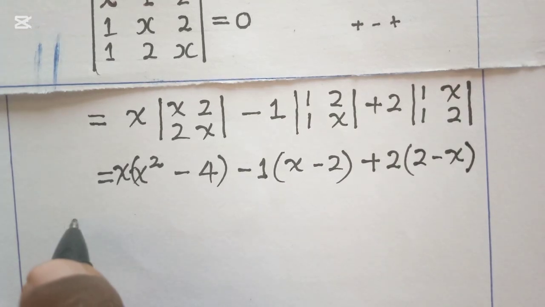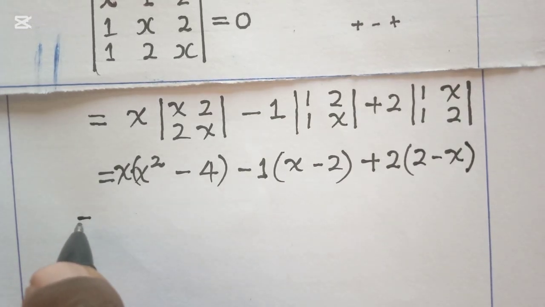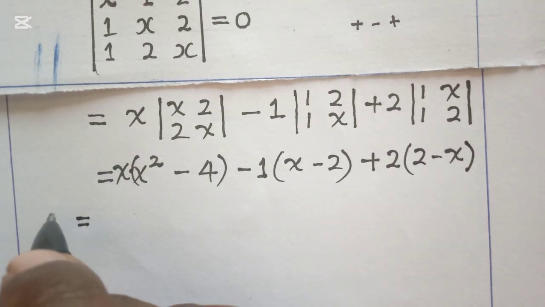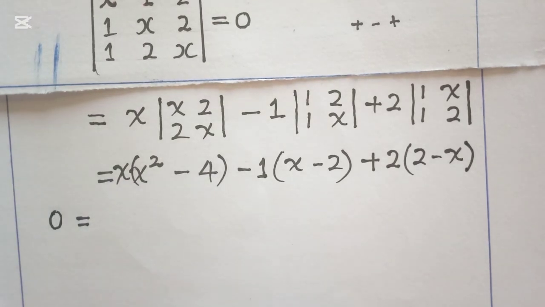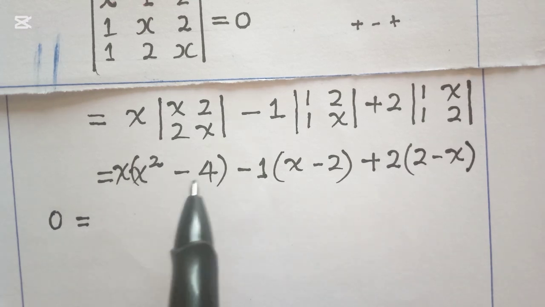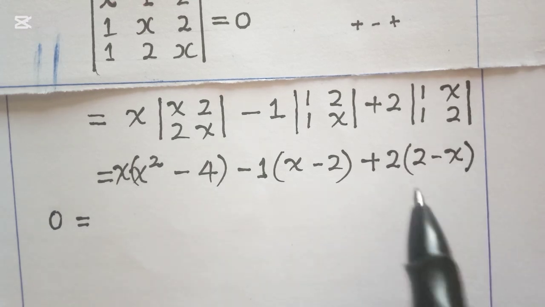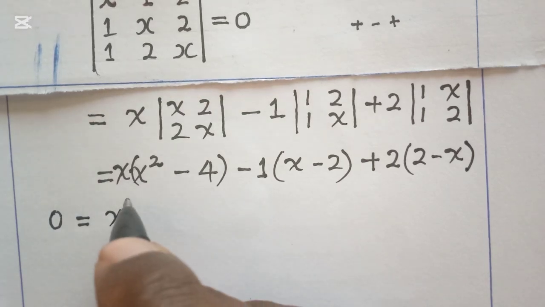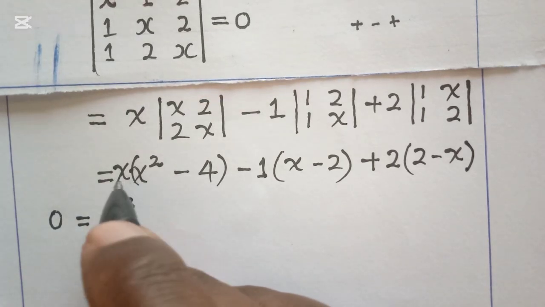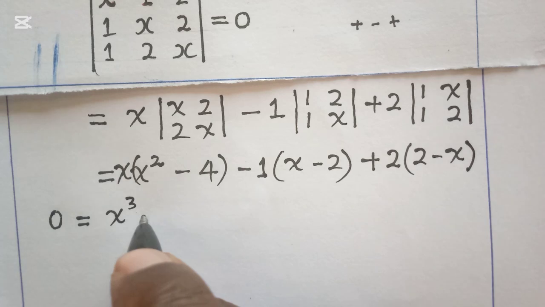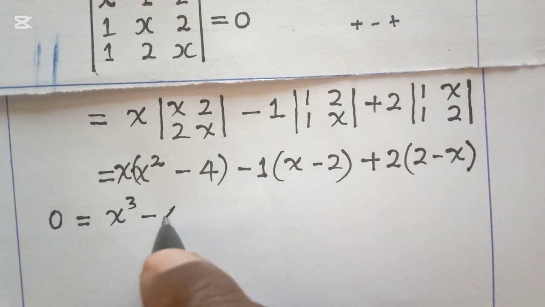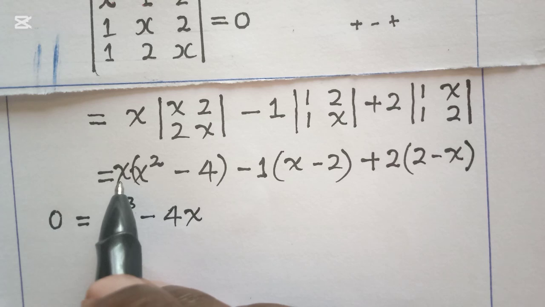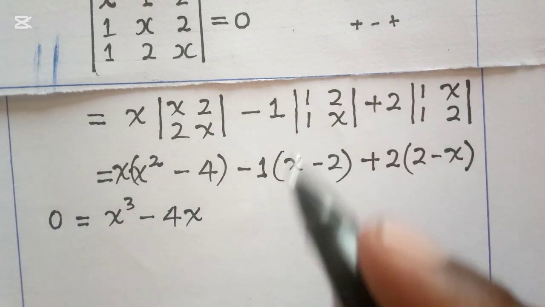So let's first of all solve it and see. We equate it to 0. Maybe I can even write 0 here, like that. So that I come and multiply all that. Here I'll have x raised to 3 for that, minus 4x. I'm multiplying this x to the inside.